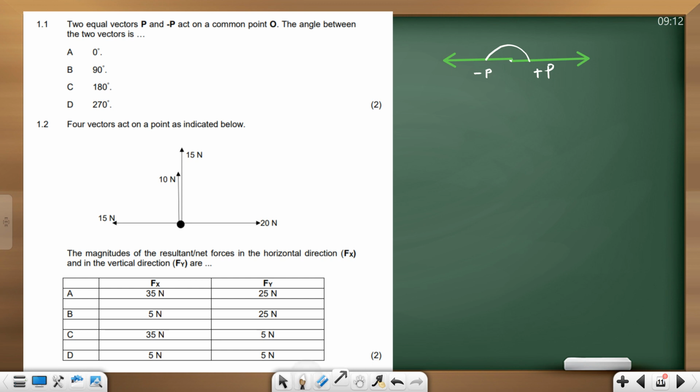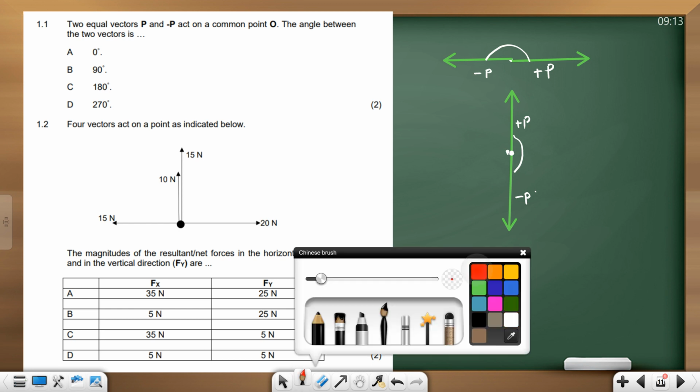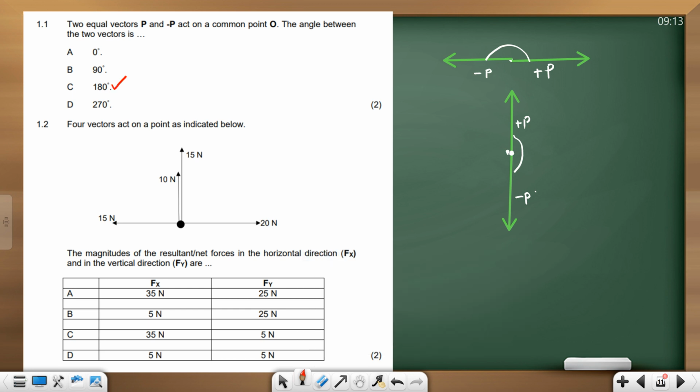Even if I choose to go up, positive P and negative P, because they are in opposite directions, what's the angle between them? 180. So the correct option is C. Guys, the signs are important.